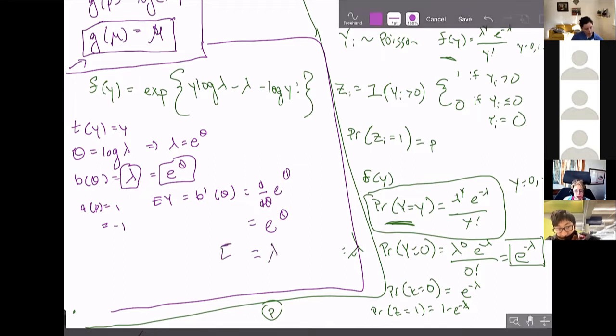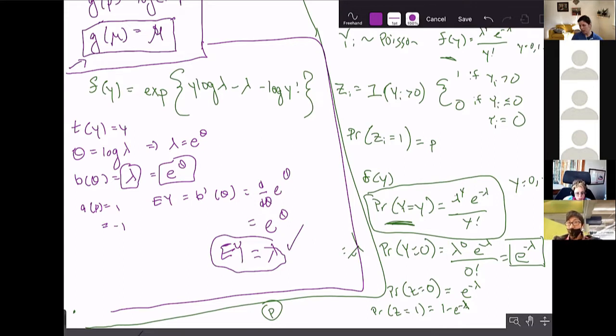And if you look at Wikipedia or somewhere else for the expectation of a Poisson variable, it's lambda. So that is a good sanity check that what you're getting is what you should be expecting. When you look at the variance, you can check your work that way to make sure your answer makes sense. I see.